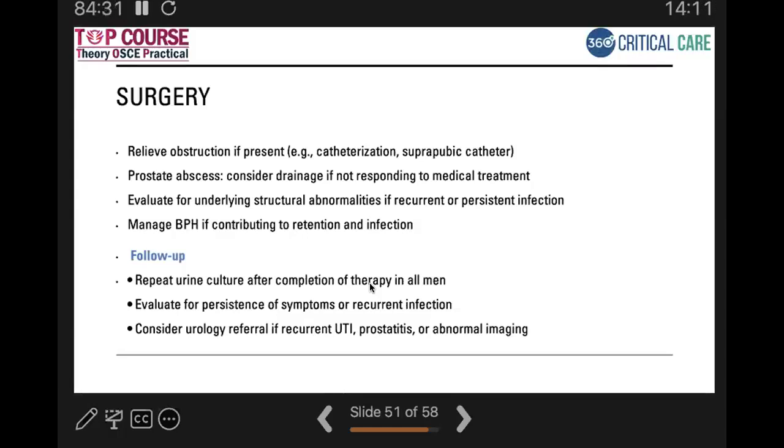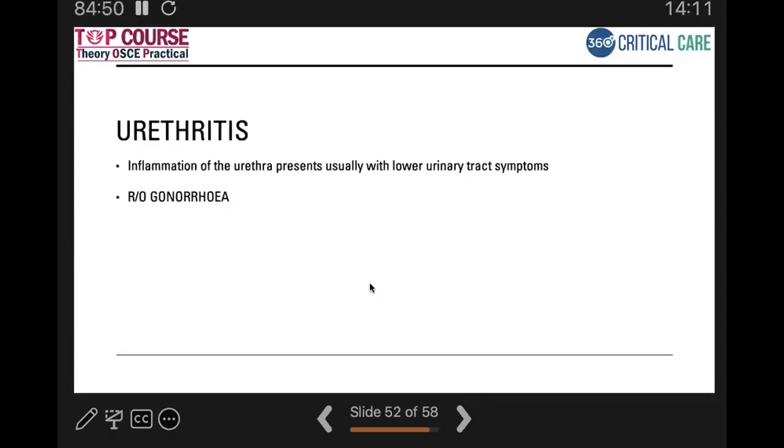Very often that happens. That is why you have to call the patient for a follow up, especially in a male UTI. At least after 10 days of therapy, you should repeat the urine culture and see if there is any persistence of the organism. Okay, and always involve urology and do appropriate imaging so as not to miss any complications.